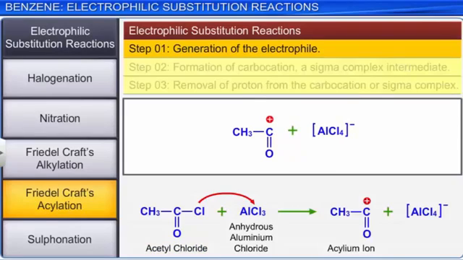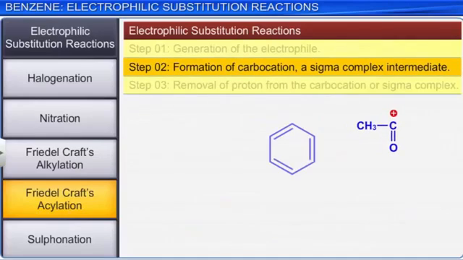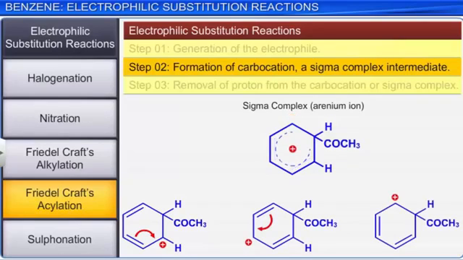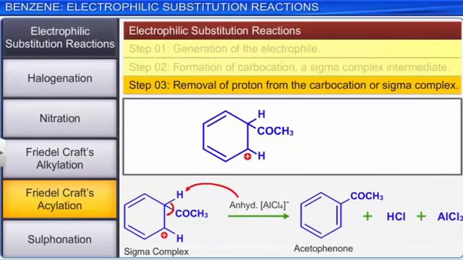In the second step, the acylium ion attacks the pi electron cloud of the benzene ring and forms the less stable intermediate called sigma complex or arenium ion. In the last step, the proton is removed from the intermediate sigma complex in the presence of nucleophile AlCl4- ion.